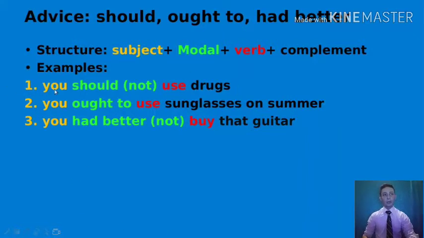Example number 1, you should not use drugs, is a suggestion or advice we are giving. Number 2, you ought to use sunglasses in summer, or you're going to hurt your eyes. Number 3, you had better, or had better not, buy that guitar. Let's move to the next slide.